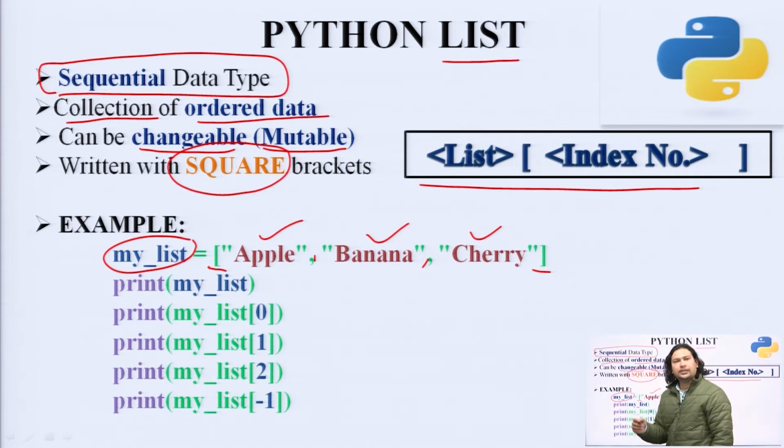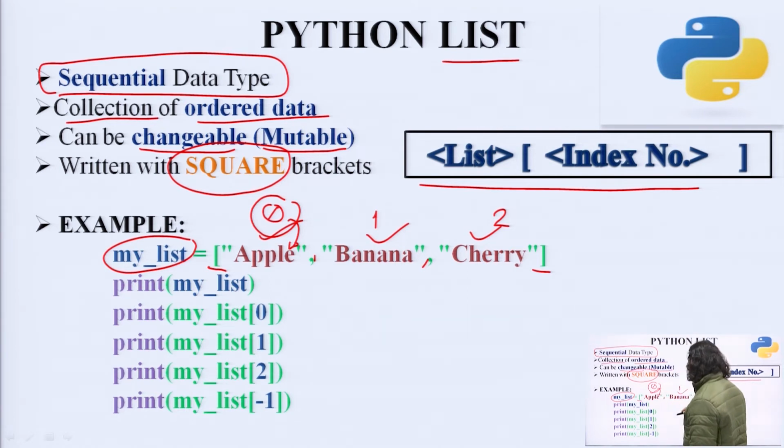That means the indexing is done on the basis of the number sequence. So, here the numbers represent these elements, because the very first number is represented by 0. Similarly, 1 and 2. This means that 0 represents the element apple, similarly 1 represents banana and 2 represents cherry.